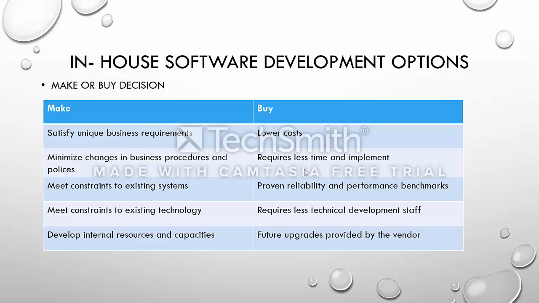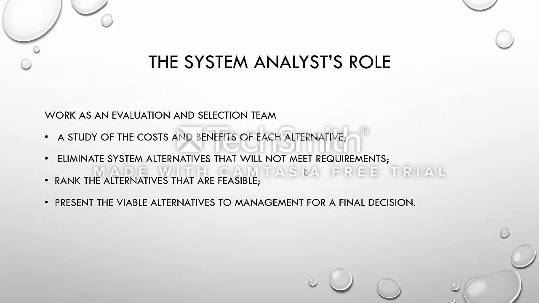According to your unique situation, you need to choose either buy or make to maximize the firm's profit at lower risk and cost. On the other side, as a system analyst, you need to work as part of an evaluation and selection team.